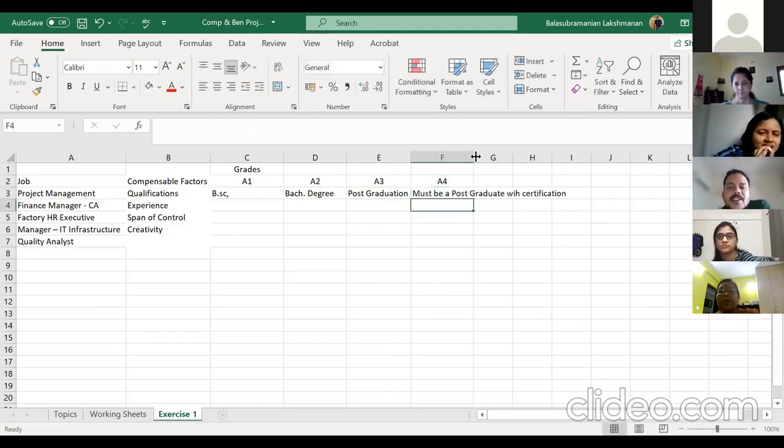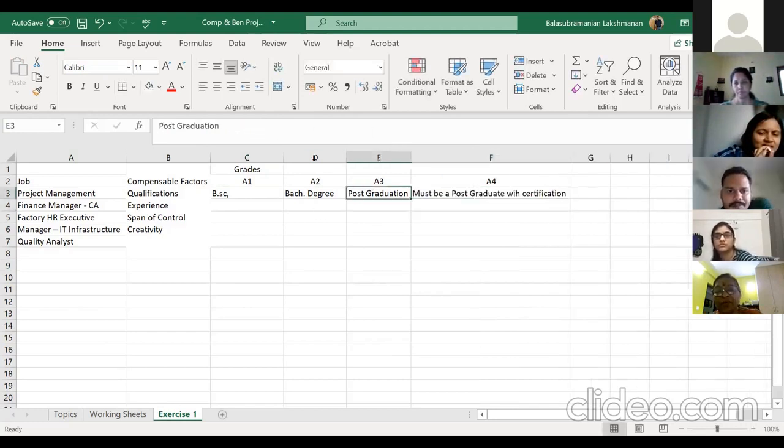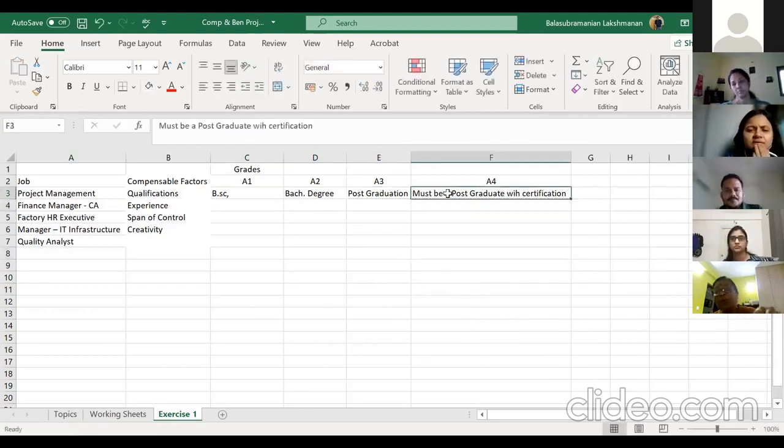Even in A3, when a person comes to a middle level, for a quality person you may have certifications like quality, Six Sigma, etc. So it depends on the function the person is working in. If you go back to your organization, they will write everything for all departments in your grading: this department should have this, that department should have that.